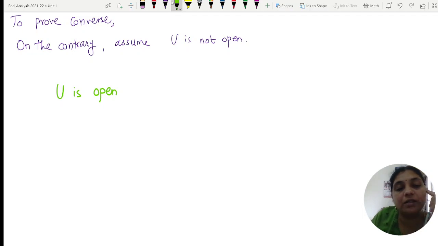And if it is not open, then it is not contained. Wait, one second.